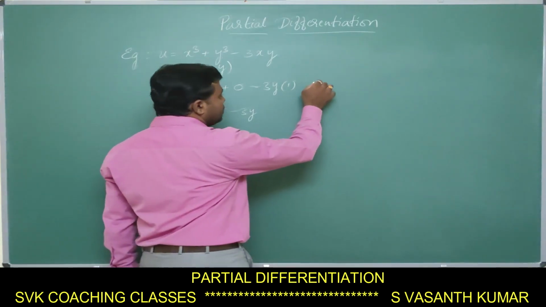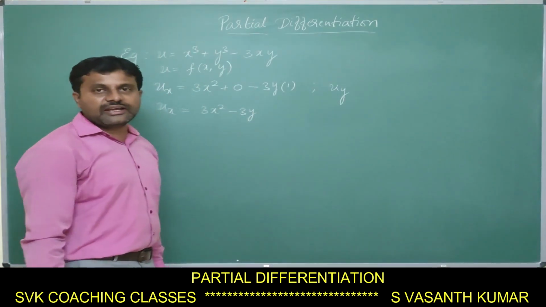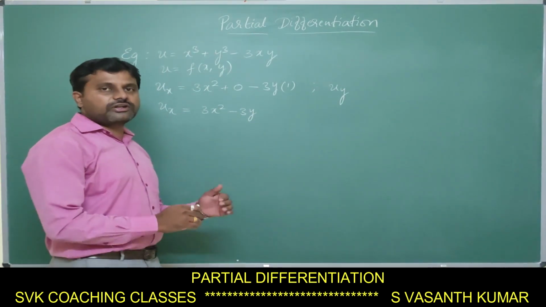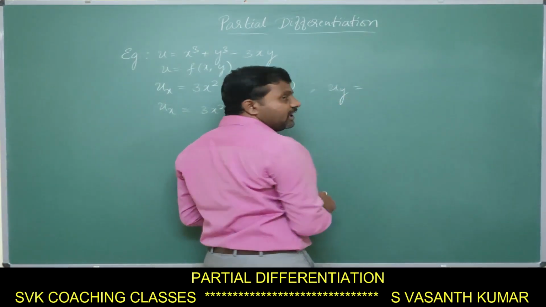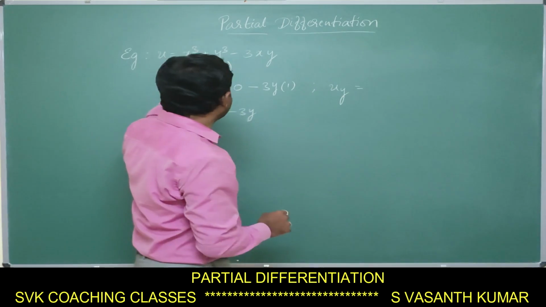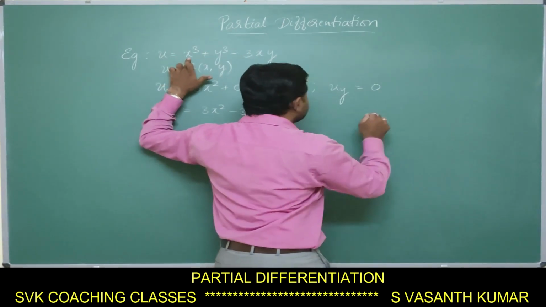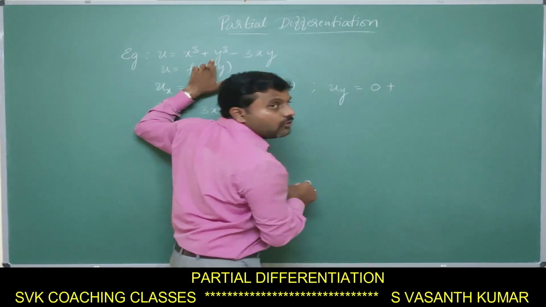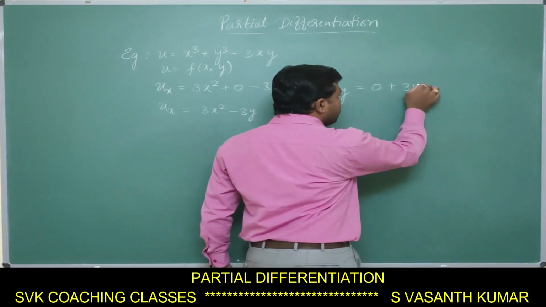Similarly, let us see the partial derivative of u with respect to y, treating x as constant. Partial derivative of u with respect to y, treating x as constant. So x cube, the derivative of any constant is 0, plus derivative of y cube. Derivative of y cube with respect to y is 3y square.